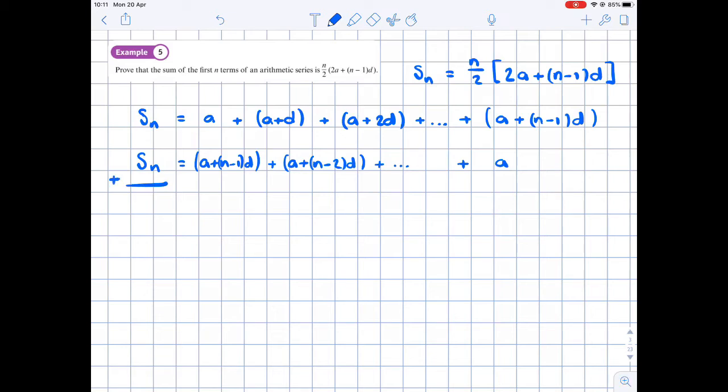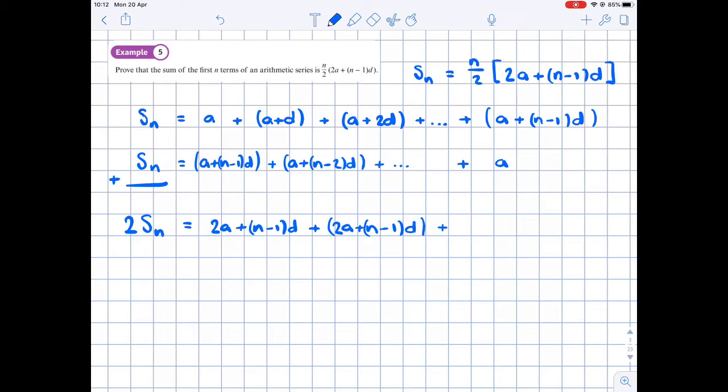Now, adding the 2 left-hand sides, we now have 2 lots of the sum of the first n terms. Adding each term individually, the first one we'll see we have 2a plus n minus 1 times d. Coming on to the next one, again we will have 2 lots of a, and if you were to expand the brackets, nd minus 2d plus another d would then give us n minus 1 times d.